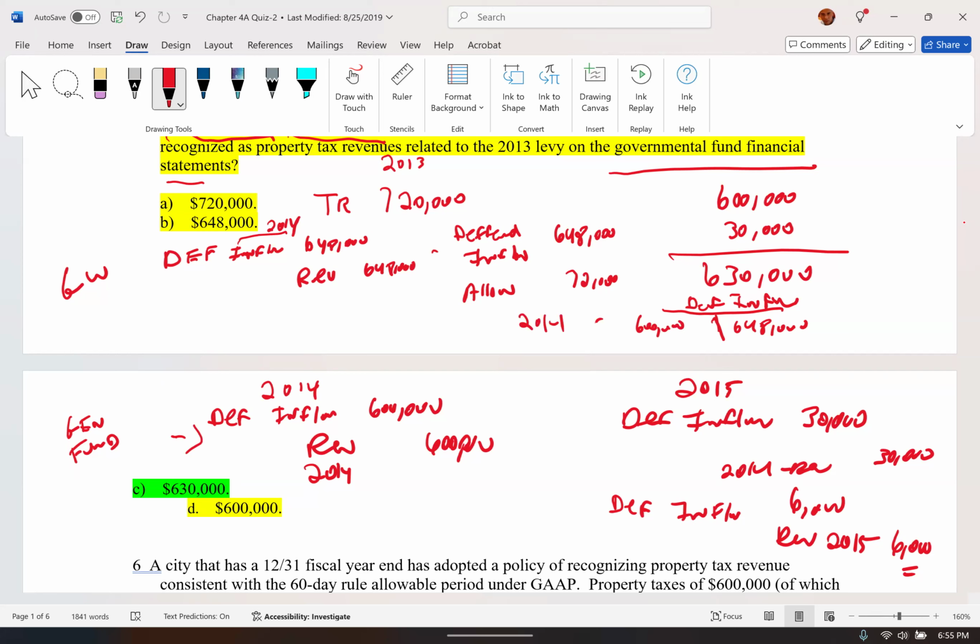What was the next amount? 30,000? Did I do this right? What am I doing wrong? Now it's not going to add up for some reason. The 30,000 that came in January, that's 2014 revenue.